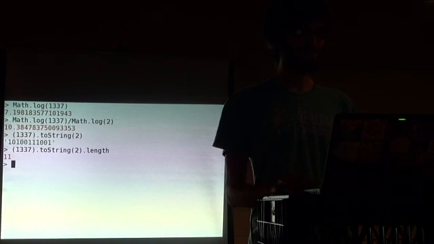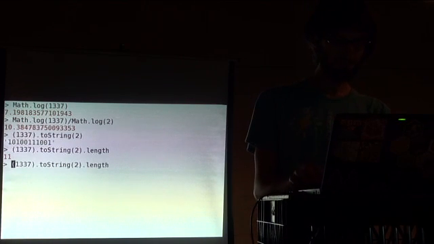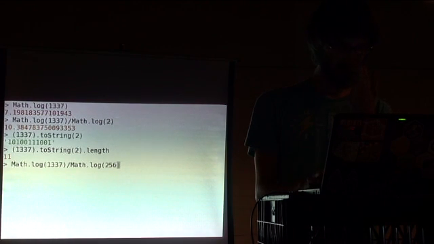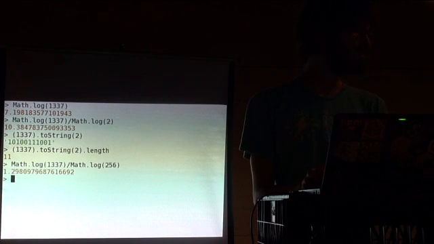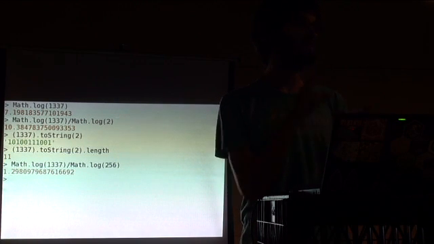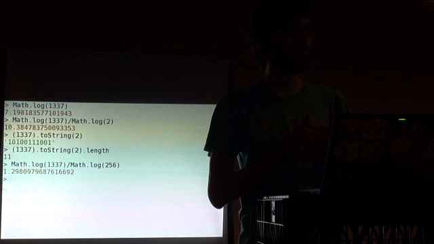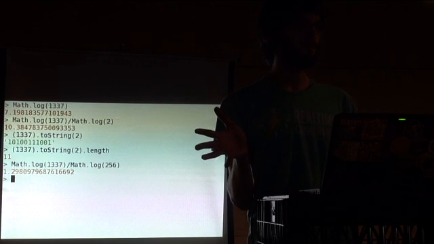Cool trick. You could also do that with a different base. So if we take log base 256, that should be the number of bytes, which is greater than 1. So we'll need 2 bytes to store that number on our system.